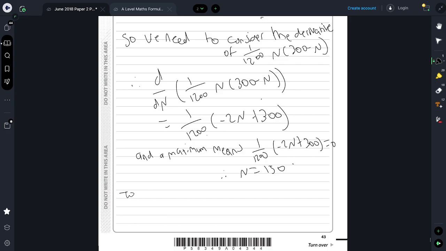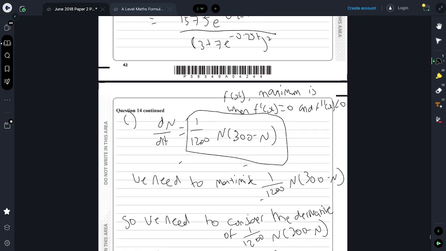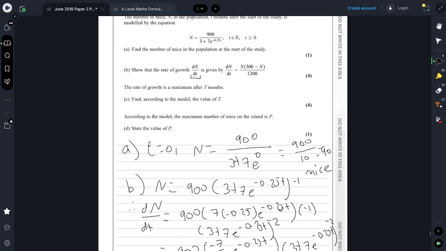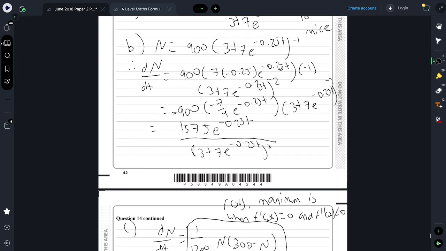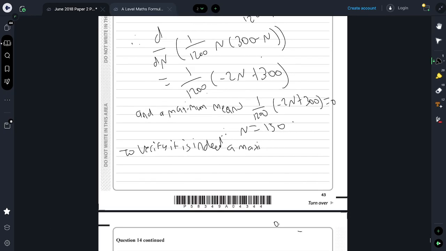To verify it is indeed a maximum, because it could be a minimum, we don't know. Well, actually, no, we don't need to do any testing, do we? Because look at part A. The initial number was 90 mice. If this is a minimum, that would have to be smaller than 90. But it's not, it's 150, so it's bigger than 90. So this will have to be a maximum by default, because it's the only turning point as well.